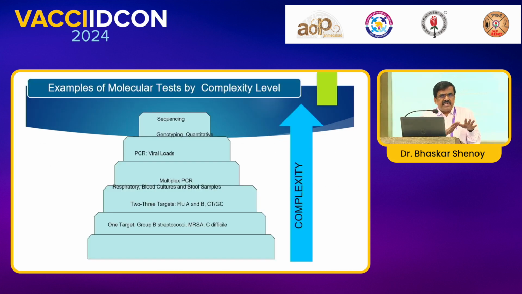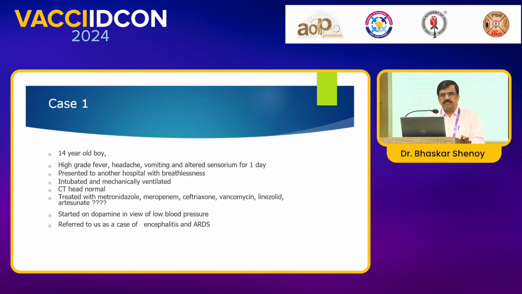And as I told initially, one target. If you want one specific organism, you have a one-target PCR, 2 target for flu and other things. The multiplex, wherein the common respiratory organisms, you can look at. So there are various methods. Having said that, let us go to some case scenarios.